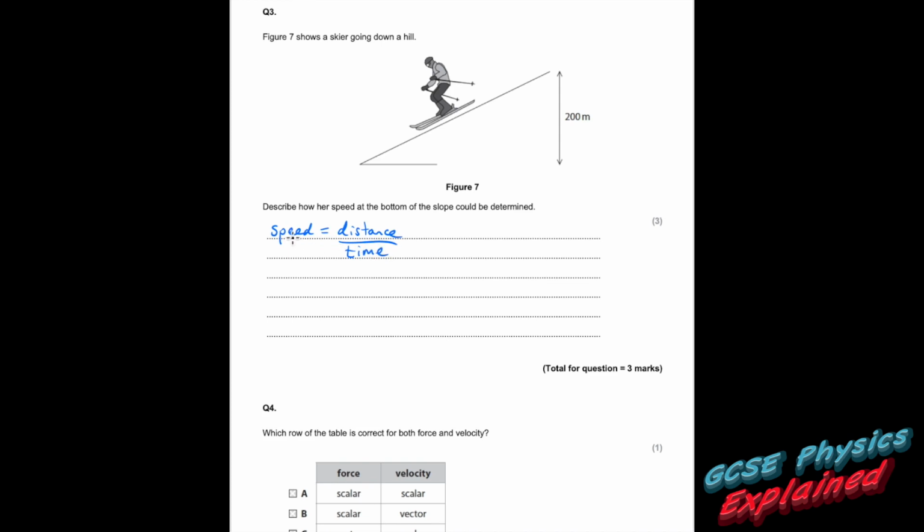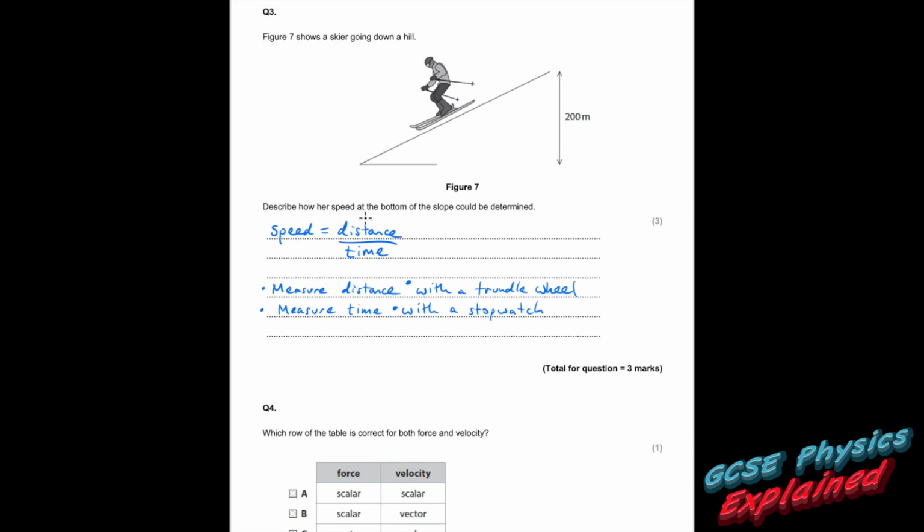So in order to calculate the speed, we're going to need to measure the distance, say what you're going to use to measure it, like a trundle wheel, and you're going to measure the time. So say what you're going to measure that with, i.e. a stopwatch. You could possibly get 4 marks for that.